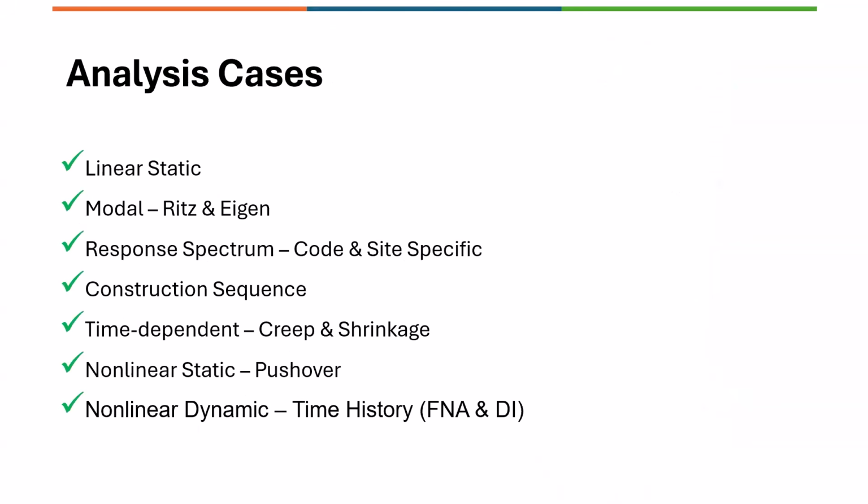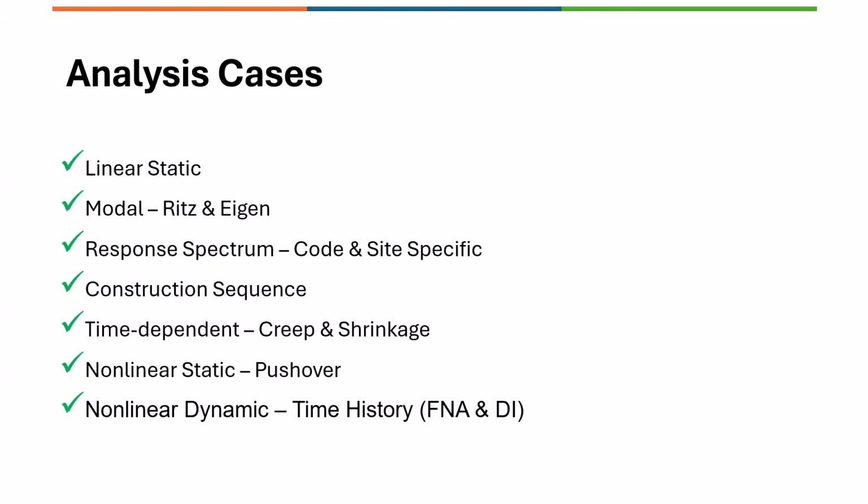All right. Next, all the required analysis types that are possible and required in any building analysis are available within the program. It's a powerful tool, which can handle starting from the very basic linear static analysis, elastic analysis for the design requirements, and also perform the modal dynamic properties and the response spectrum case that can be code based or site specific.